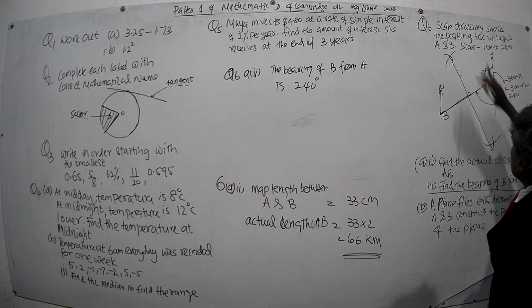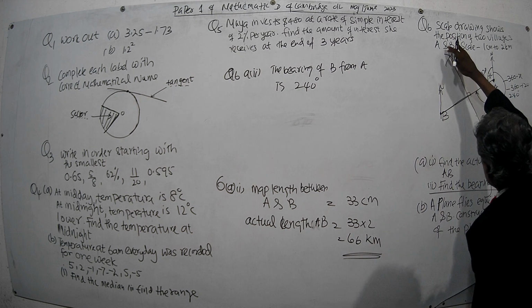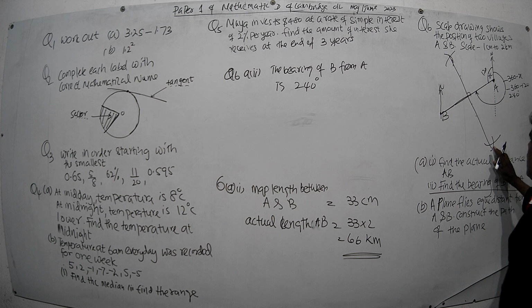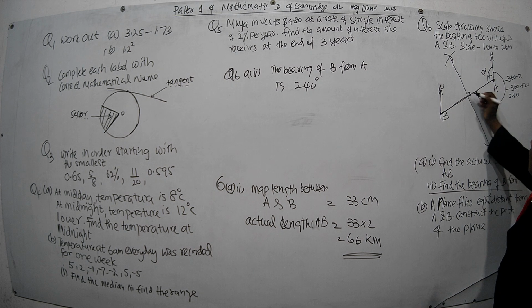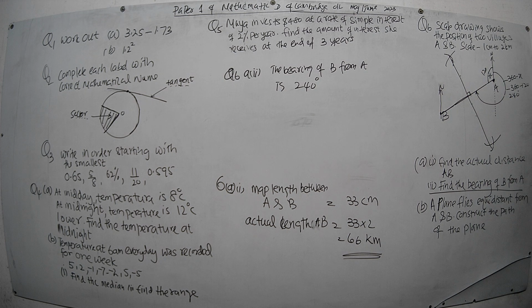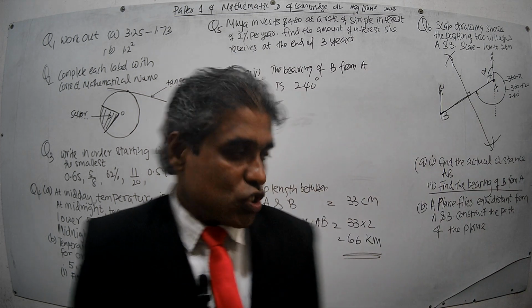Cut an arc above and an arc below. Then keep the middle point at B, and cut an arc above and an arc below. Then draw the line through the two intersection points of the arcs like this. This is the path of the plane.